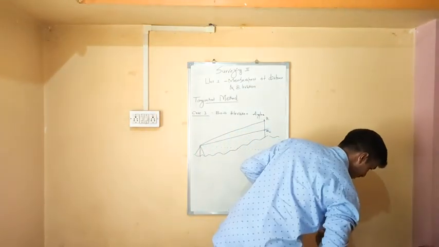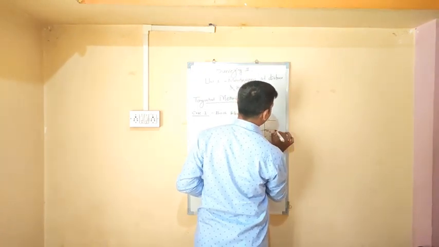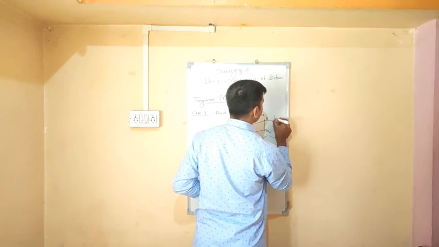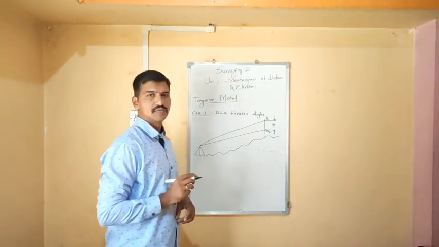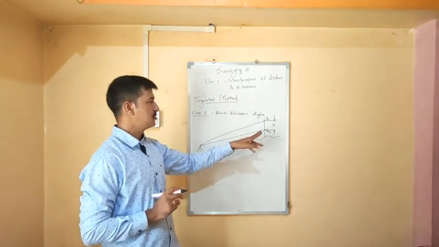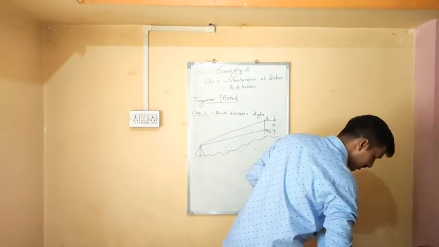Then the distance between B1 and B2 is nothing but S, which is the staff intercept.